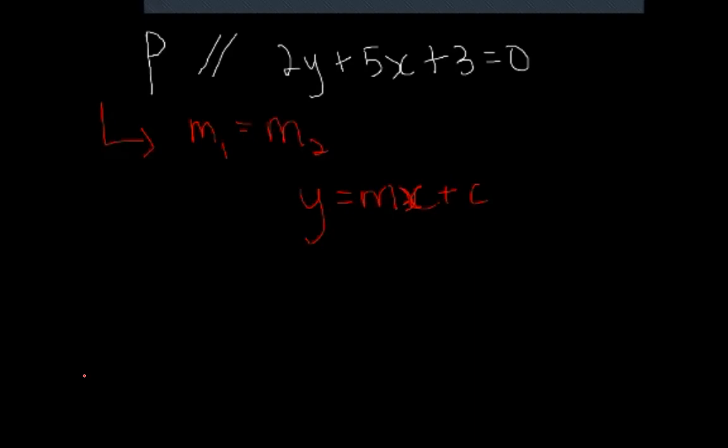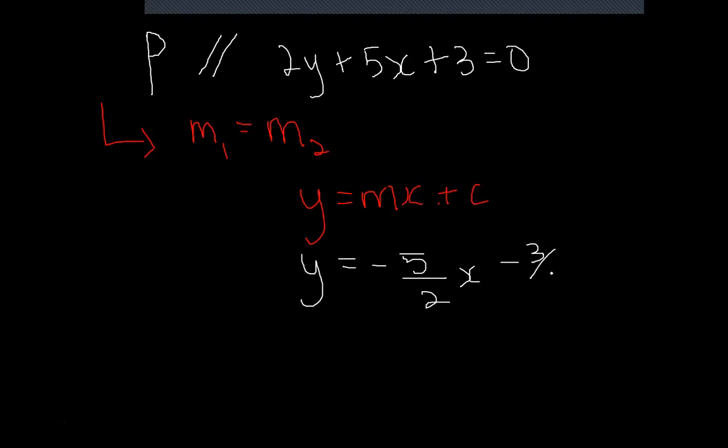Let me erase this. y equals mx plus c. So what is y equal to in this case? Negative 5 over 2 x minus 3 over 2.